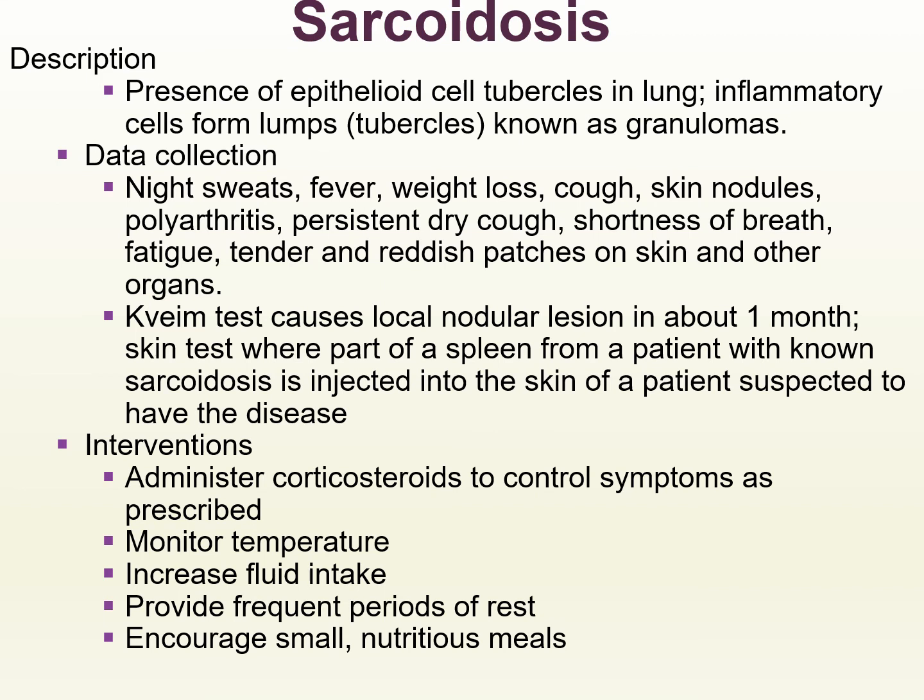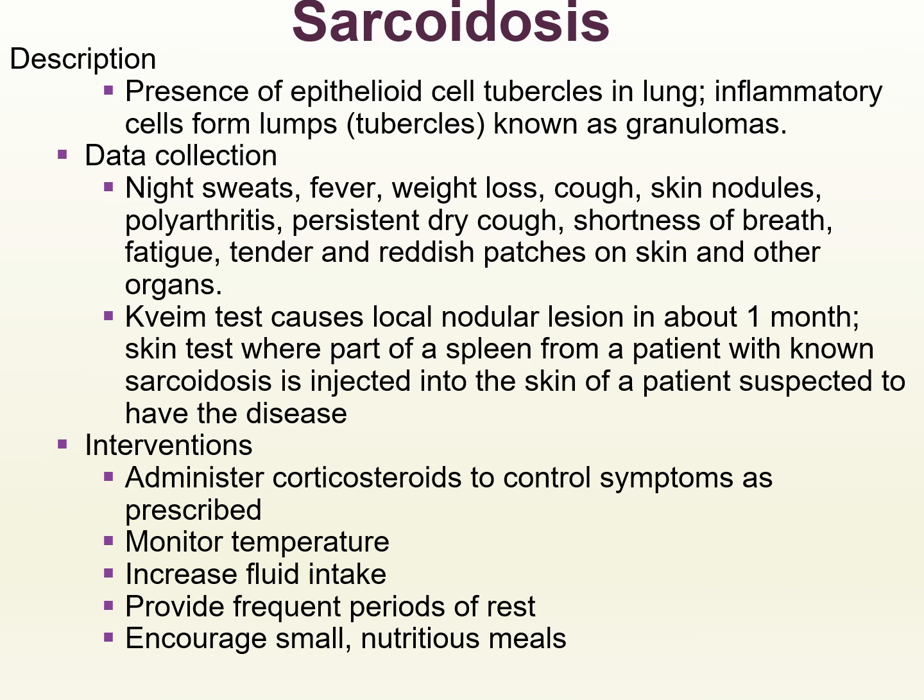These patients are going to have night sweats, fever, weight loss, cough, nodules on their skin, polyarthritis, shortness of breath, fatigue. They may have reddish patches on their skin or other organs.